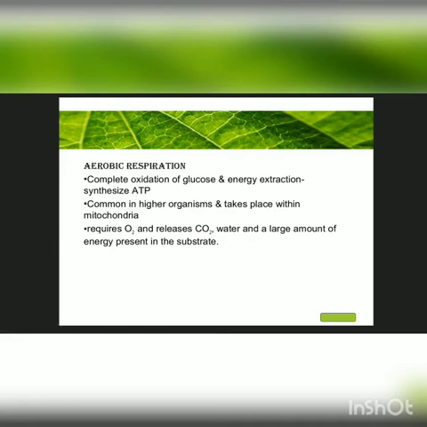So it is the process by which organisms can carry out complete oxidation of glucose and extract the energy stored to synthesize a larger number of ATP molecules needed for the cellular metabolism. And it is common in higher organisms and takes place within the mitochondria.